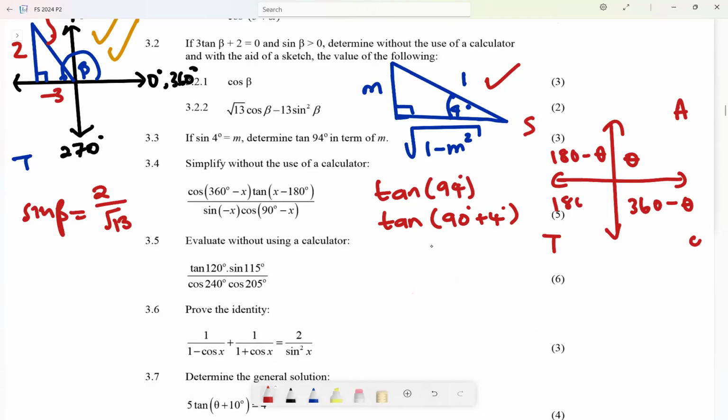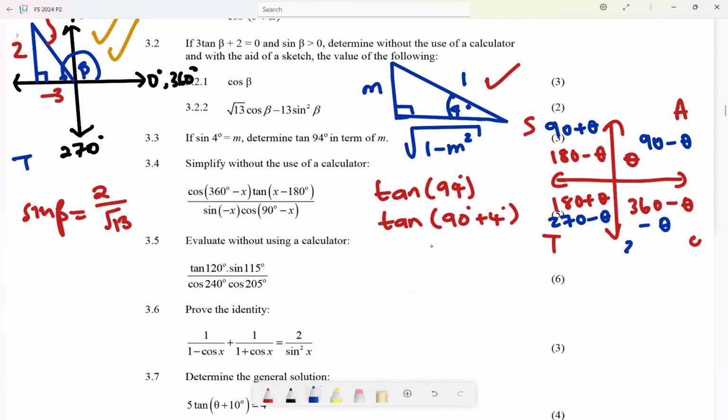This is 180 plus theta. This is also a negative angle. This one is known as 90 minus theta. This one is 90 plus theta. This one is 270 minus theta. This one is 270 plus theta.